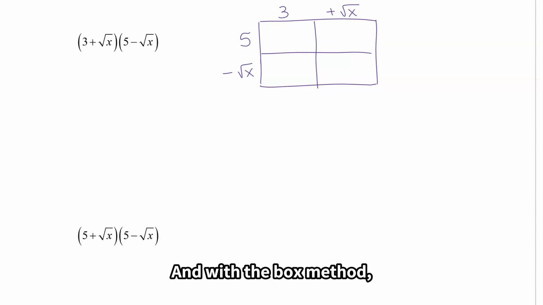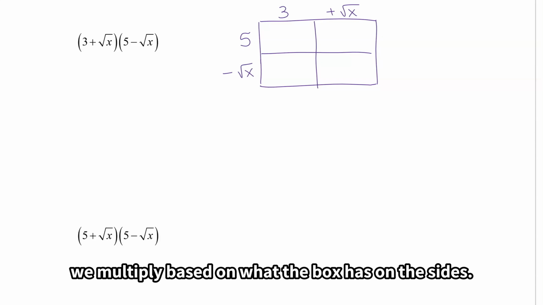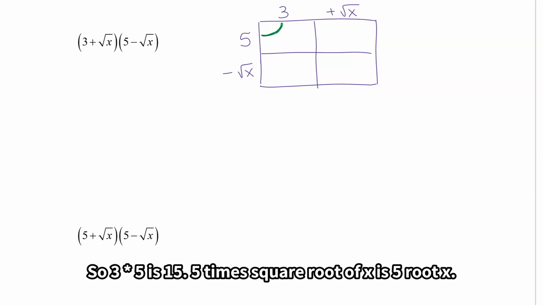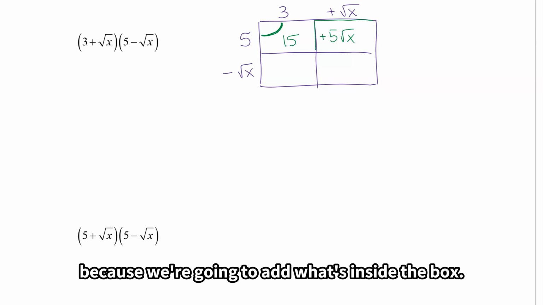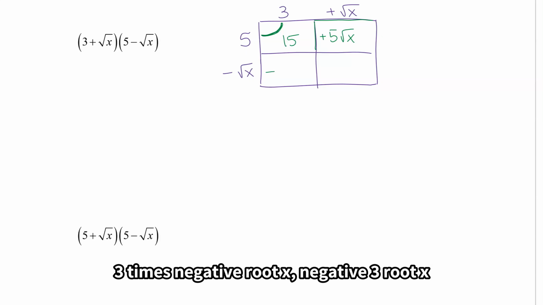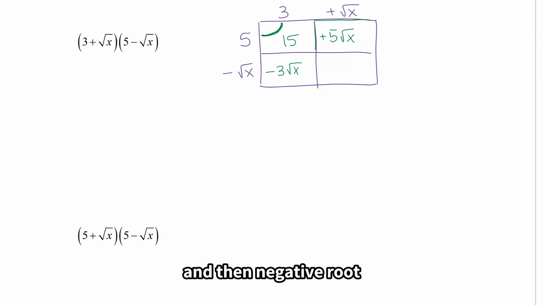And with the box method, we multiply based on what the box has on the sides. So 3 times 5 is 15. 5 times square root x is 5 root x. And I'm going to put a plus there because we're going to add what's inside the box. 3 times negative root x, negative 3 root x.